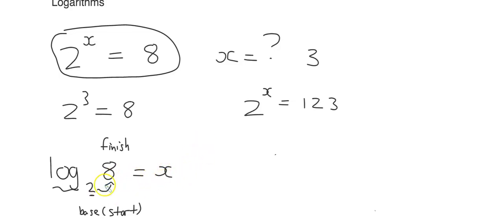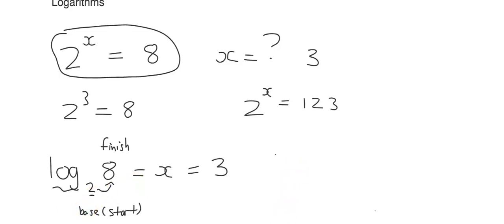How could we determine that the answer is 3? Luckily your calculator can evaluate this kind of thing. You would type in log base 2 of 8, and in our case we know that will be 3, and you can also confirm that using a calculator.